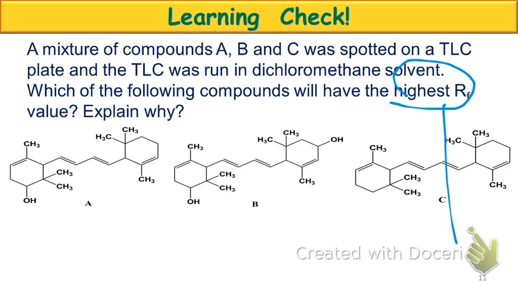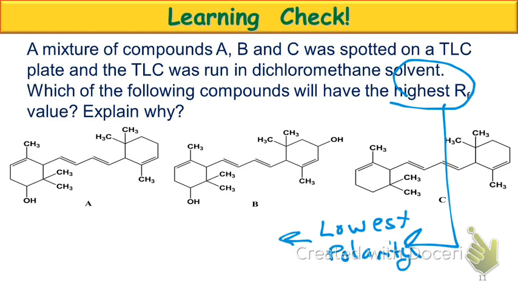What does highest RF mean? We're looking at the lowest polarity. What's lowest polarity mean? What type of bonds should we expect to see in our structure? Covalent. It's not quite how you spell covalent.